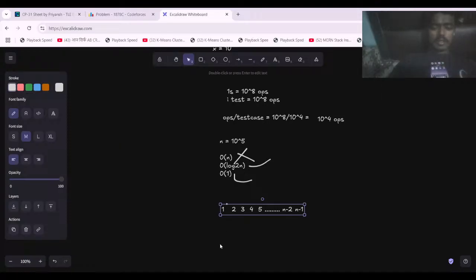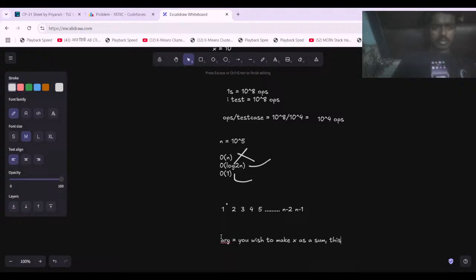The argument is: if you wish to make x as a sum, this x sum should be greater than or equal to min sum and less than or equal to max sum, right? So very simple to understand.